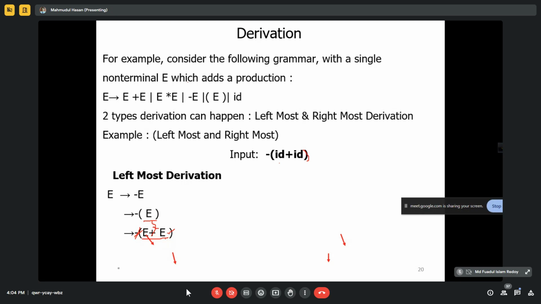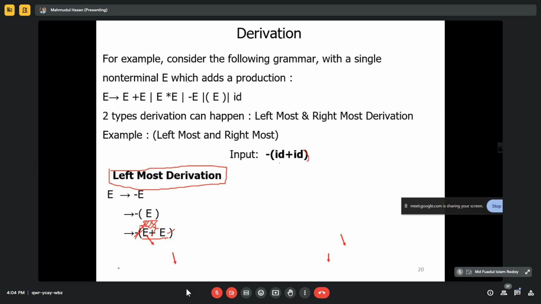As we are following leftmost derivation, we need to choose the leftmost first. So you need to replace this one until you get terminal. This one you need to replace first. Got my point?